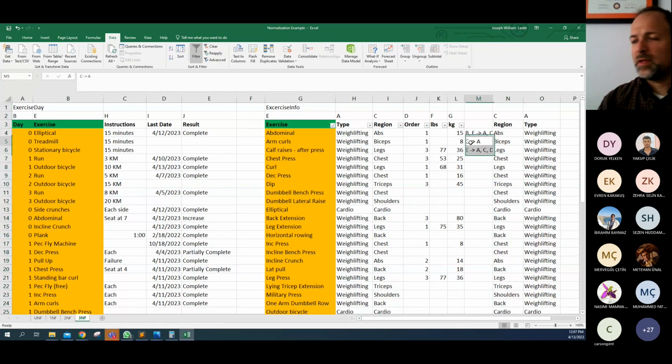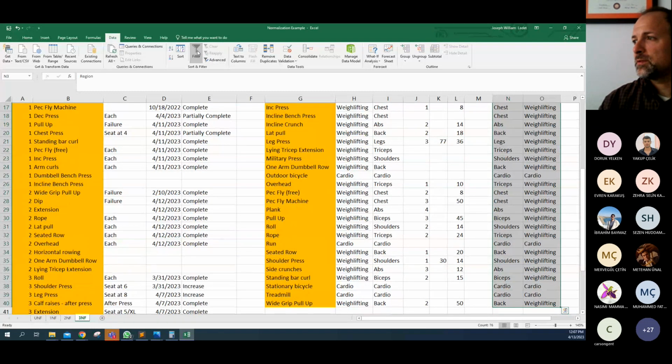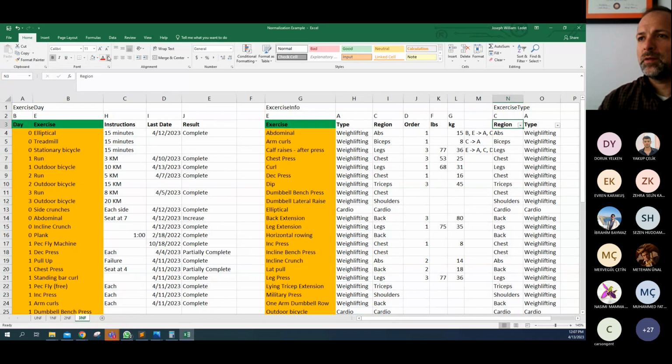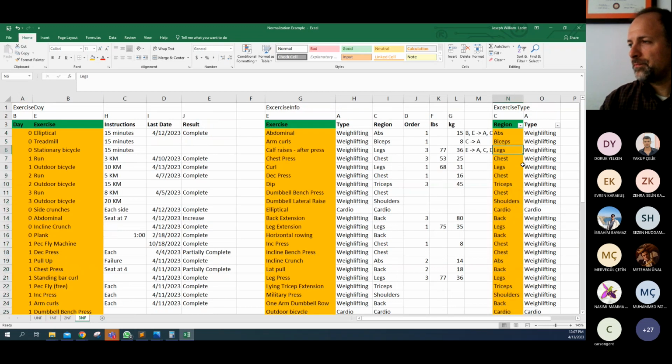Okay, we move this to the side since the thing on the left is going to be our primary key of this thing here, right? So now we'll call this type table, or maybe the exercise type table. Just like before, I want to make a filter with this. This should also be my primary key.